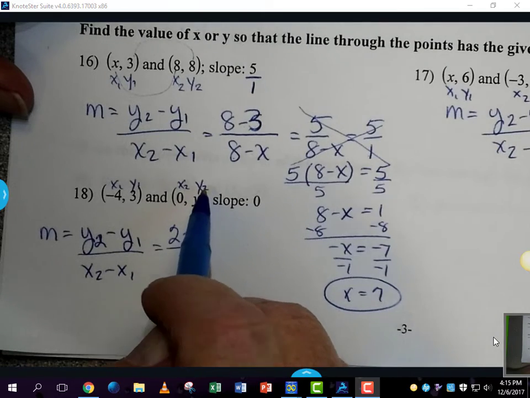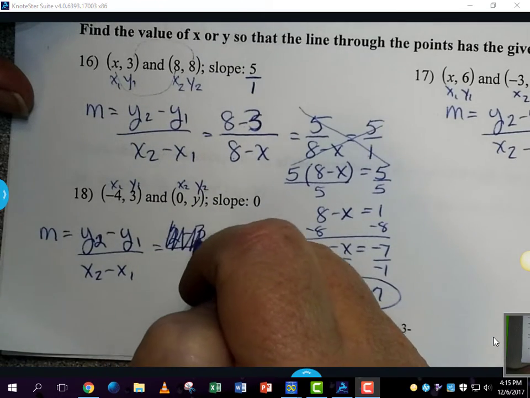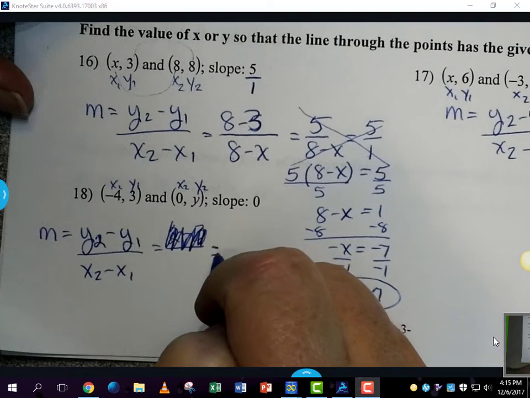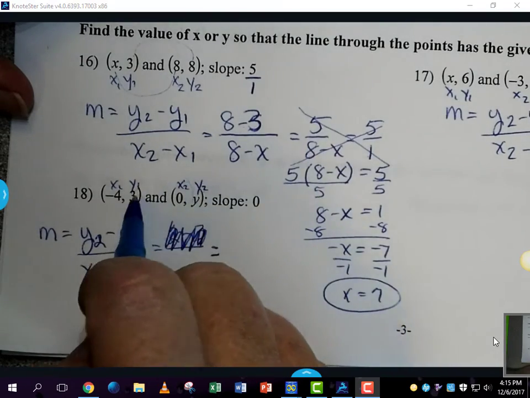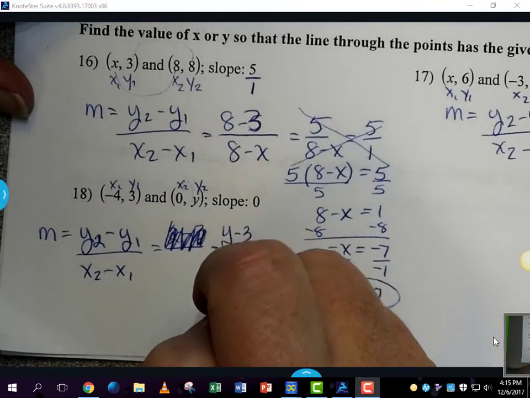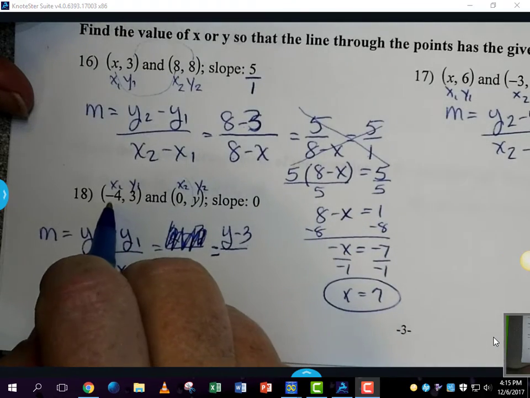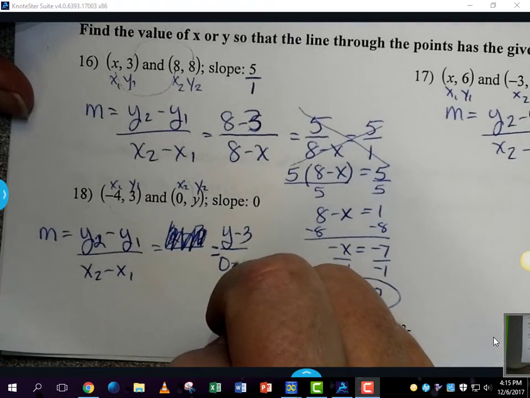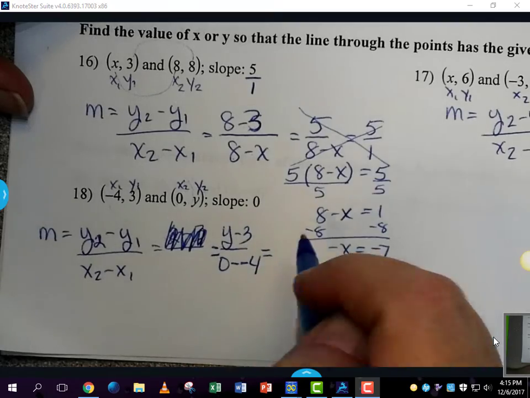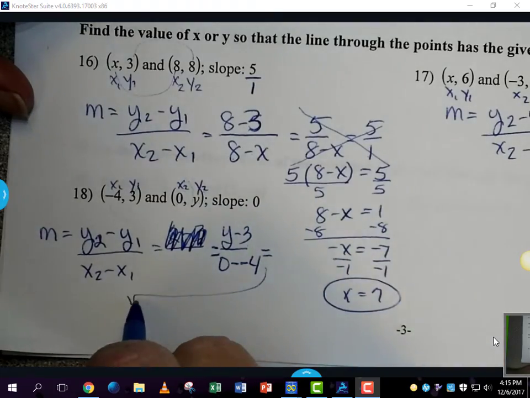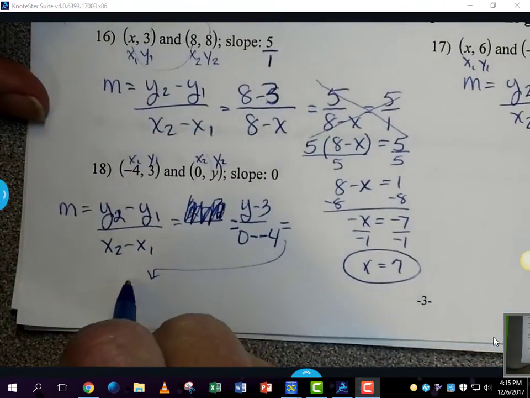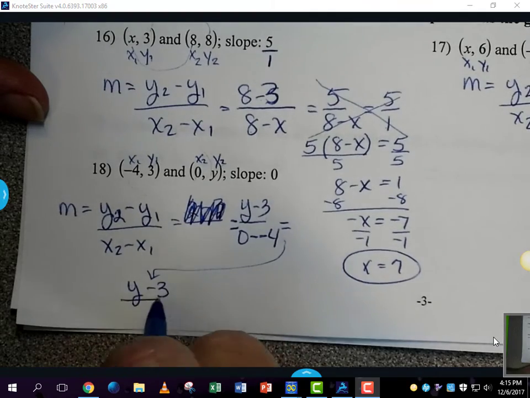I was looking right here at this 2. That's not correct. Let me scratch that. Okay, so I'm going to have y minus 3 divided by 0 minus negative 4. 0 minus negative 4. And then I'm going to simplify that. y minus 3 is simply y minus 3.